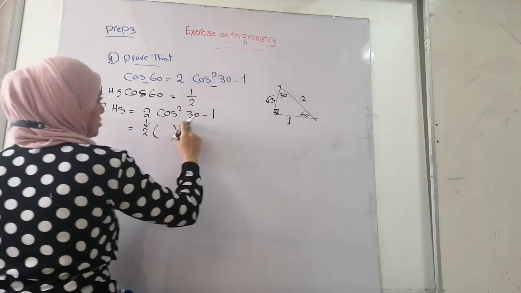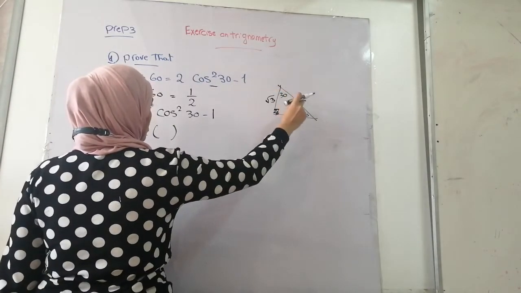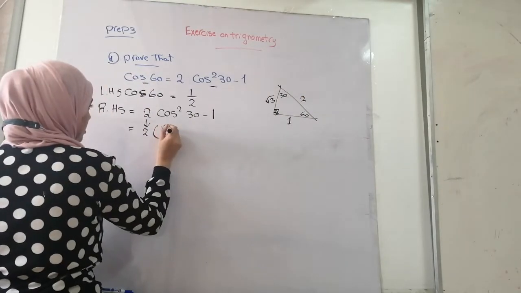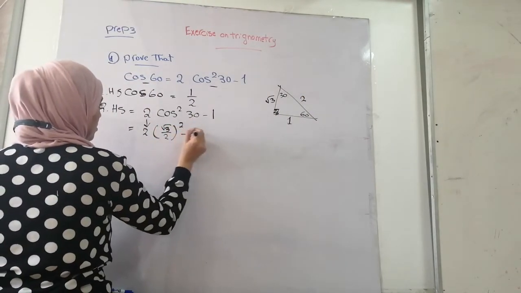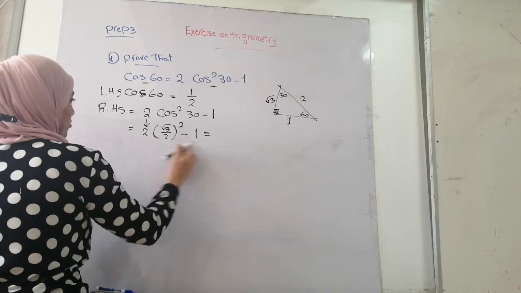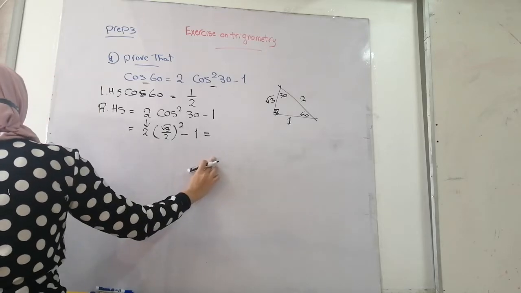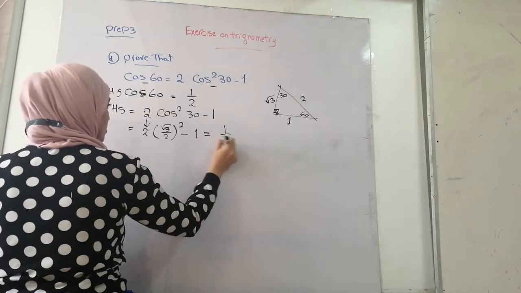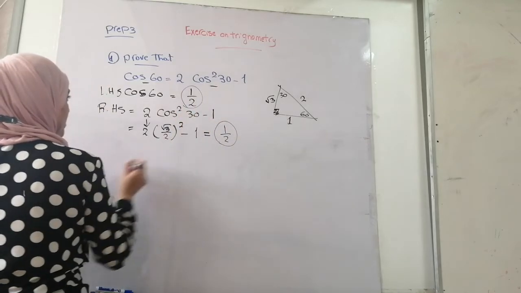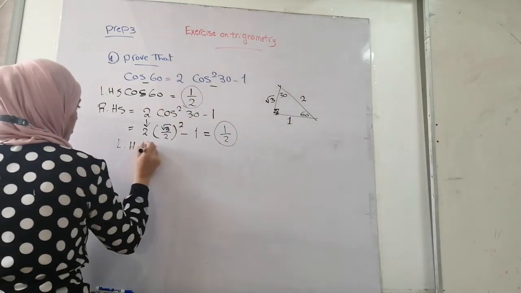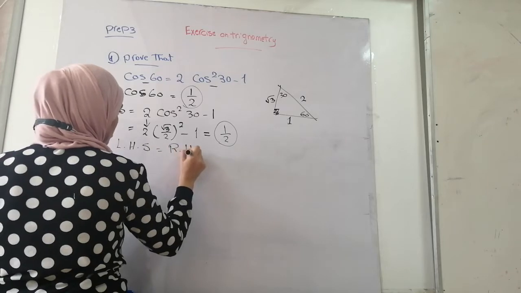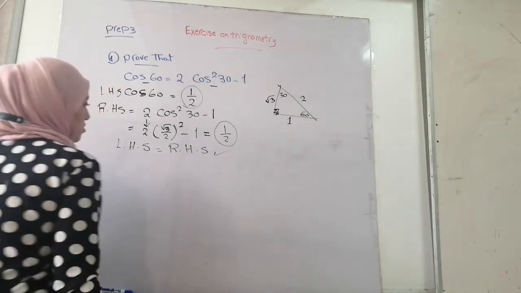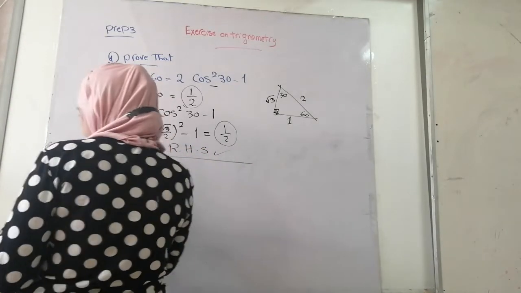So cosine 30, adjacent over hypotenuse, equals root 3 over 2, power 2, minus 1. If we put this value in the calculator, it will equal half. So the left hand side equals the right hand side, so I proved what he wanted from me.